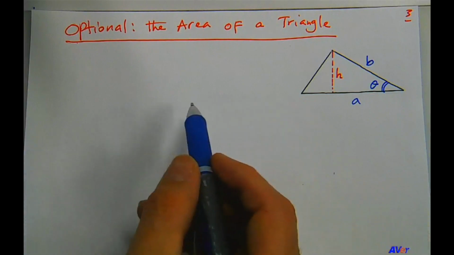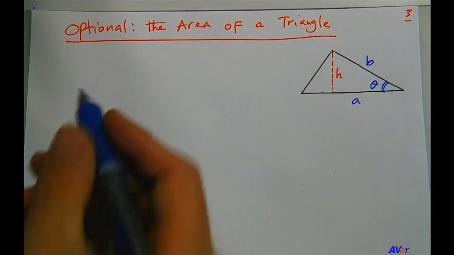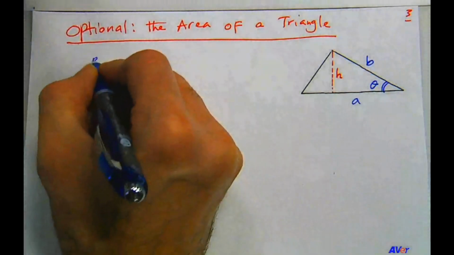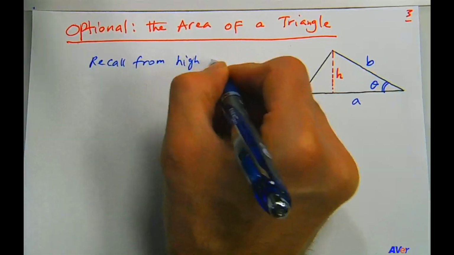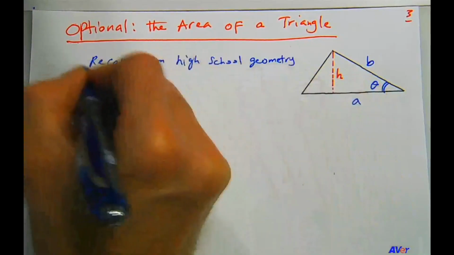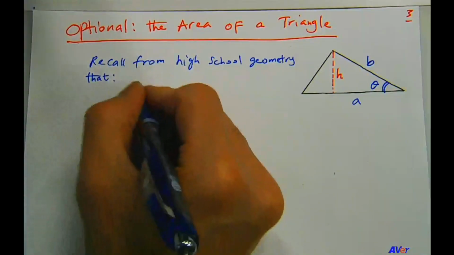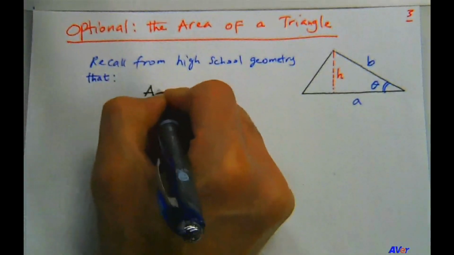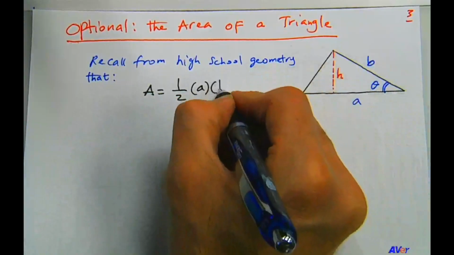And so the area formula that we learned in elementary geometry in high school was like this, right? Let's just recall from high school geometry that the area of this triangle can be written as 1/2 the base times the height.